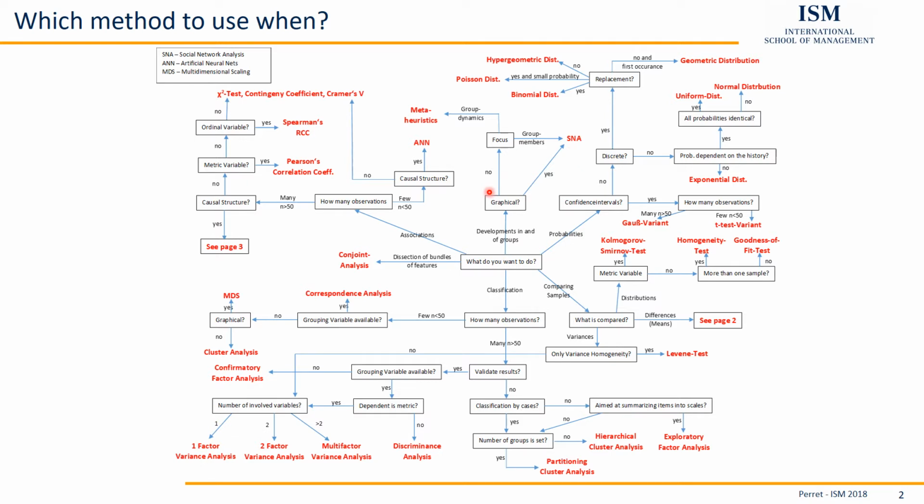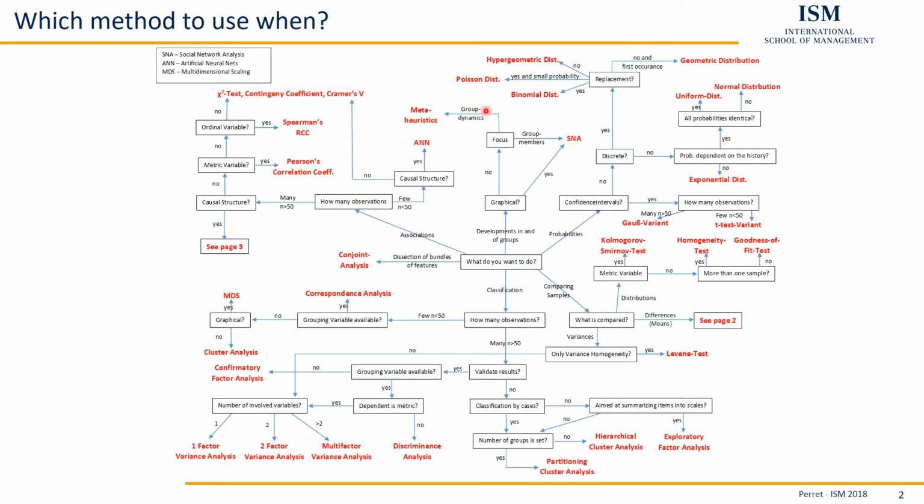If you go with, okay, statistics suffice, the question would be, are you more interested in the group dynamics, so how the group develops, how the network develops, or are you more interested in the different group members, the members in a network? If it's the group members, you should also go with social network analysis.